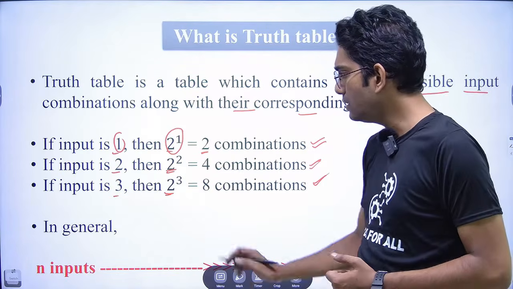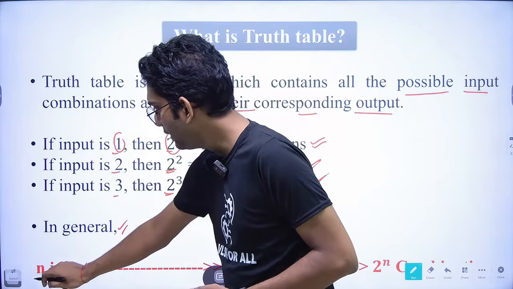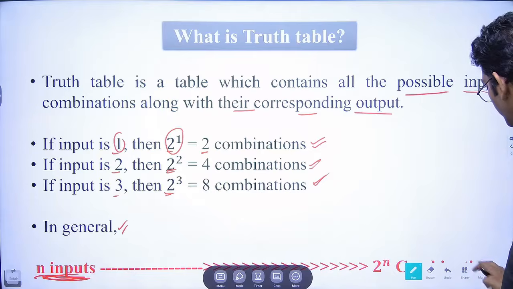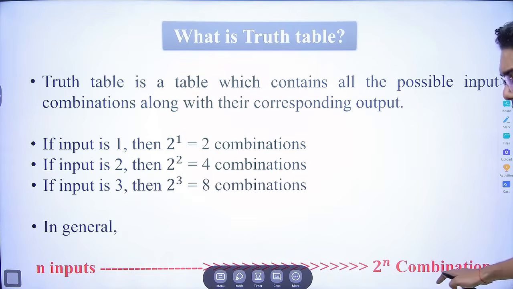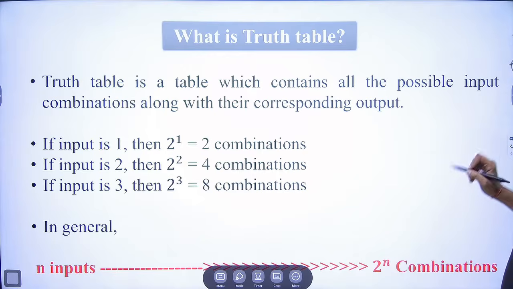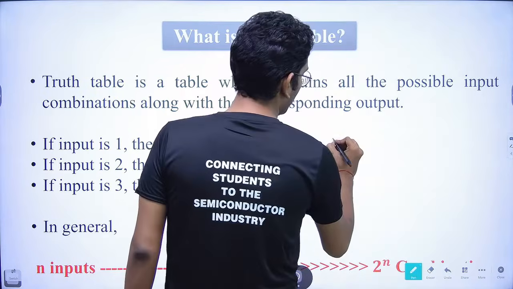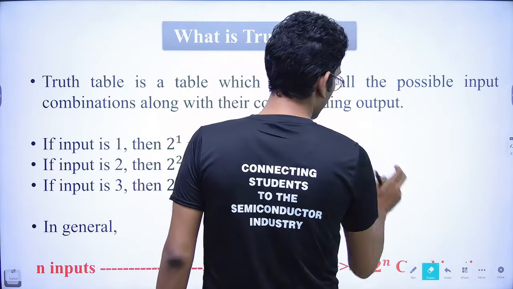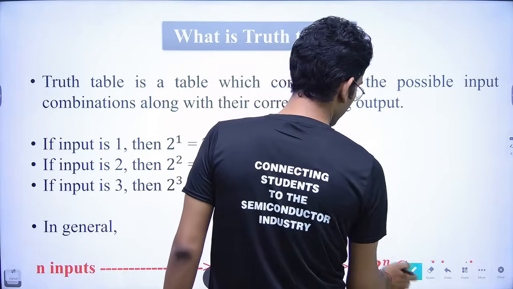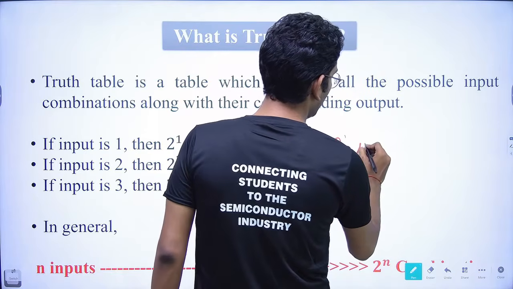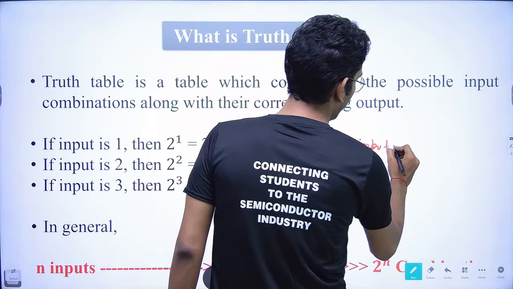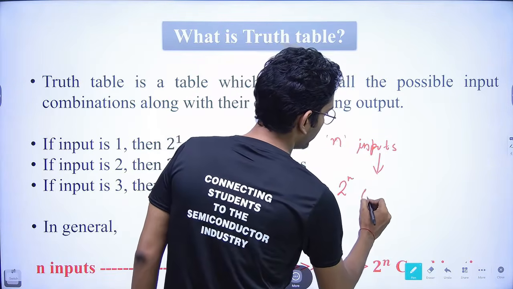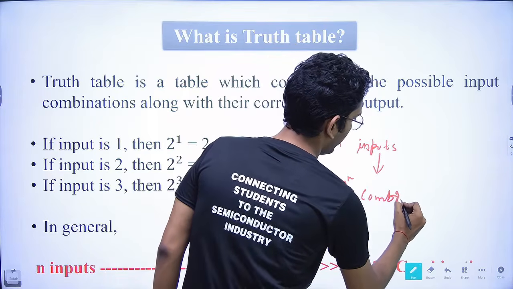In general, we can say that if we are having n inputs, we will have 2 to the power n combinations possible.